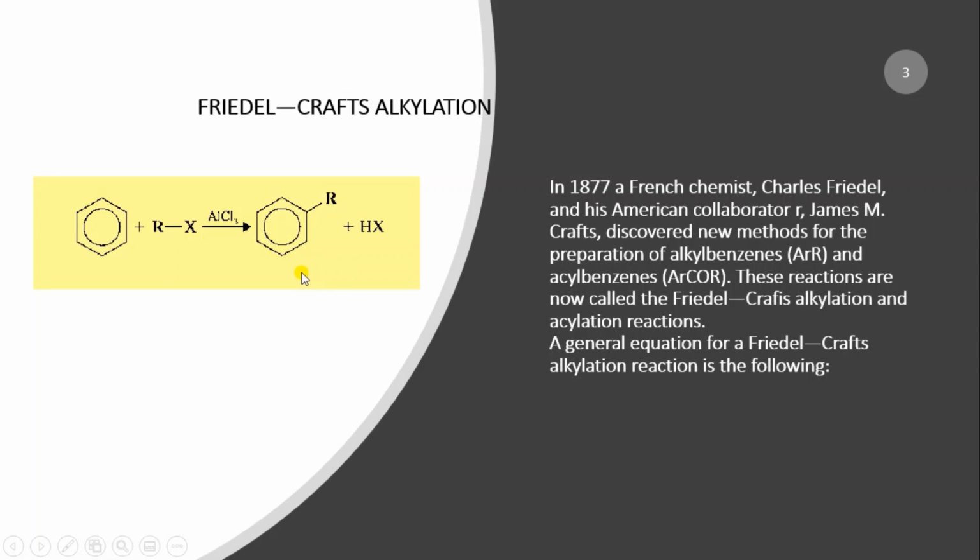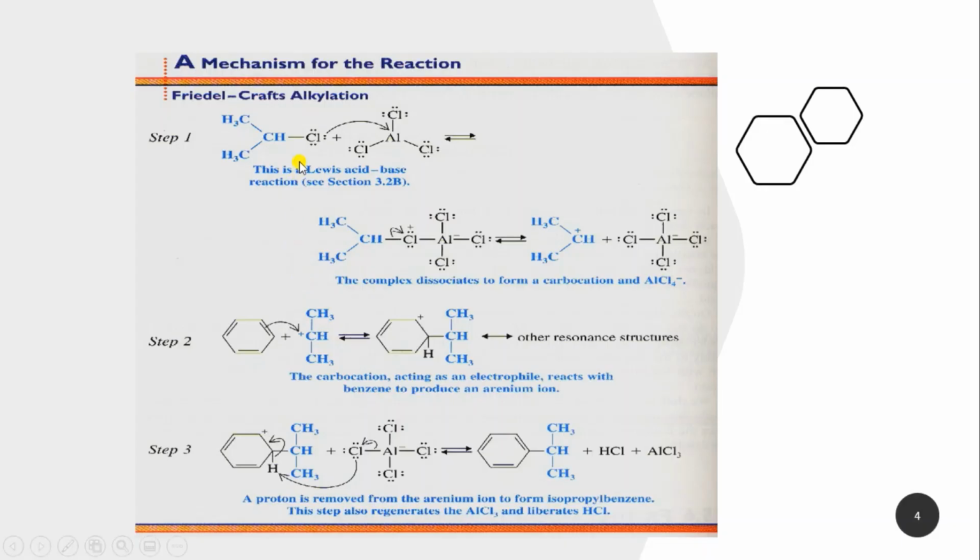Now what is the overall mechanism for this reaction? You can see in the mechanism that if we are using the tertiary alkyl halide, the lone pair of the chlorine moves towards the aluminium, because aluminium is the electron deficient center.